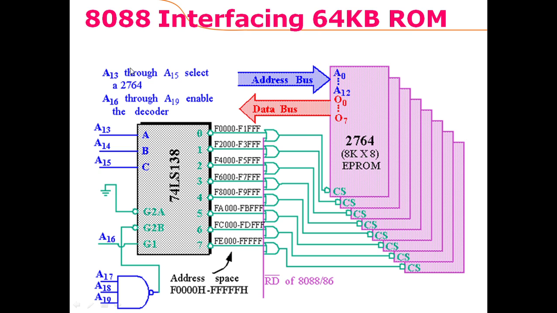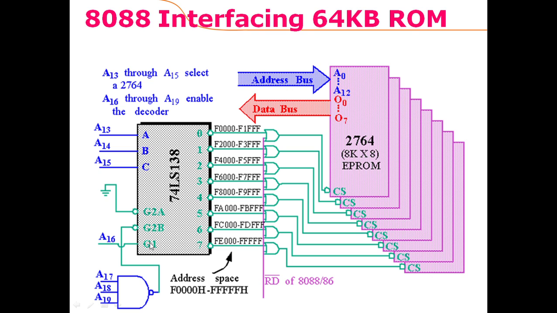A13, A14, and A15 are connected with the select lines of this decoder, and A16 till A19 are connected with the enable pins of the decoder.